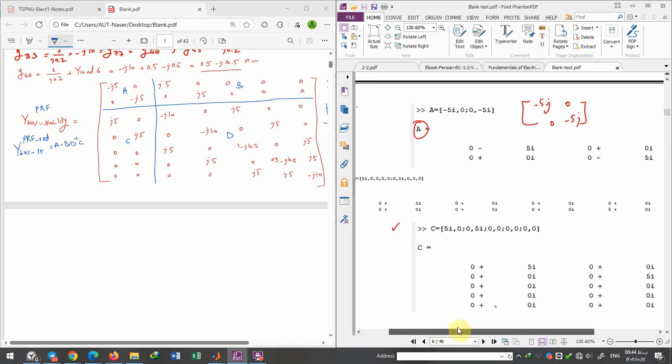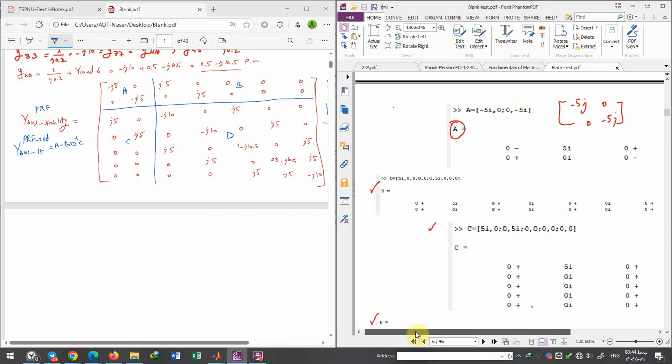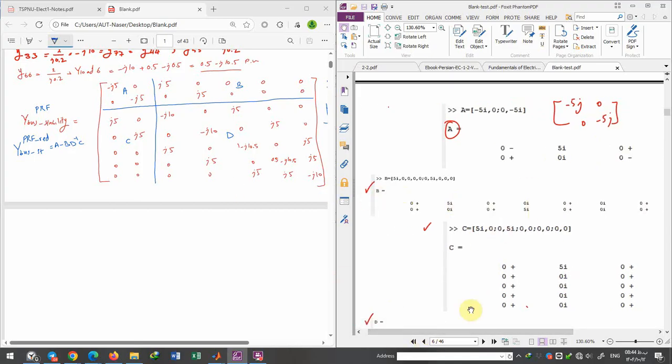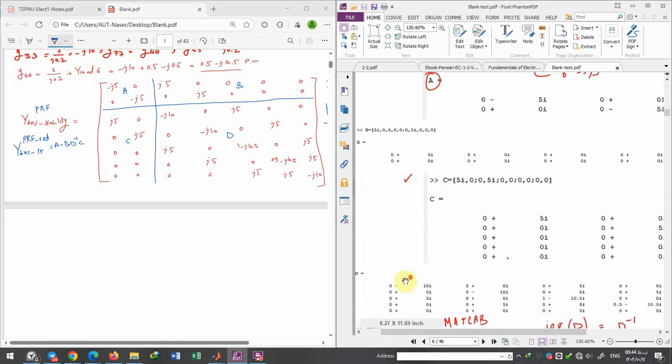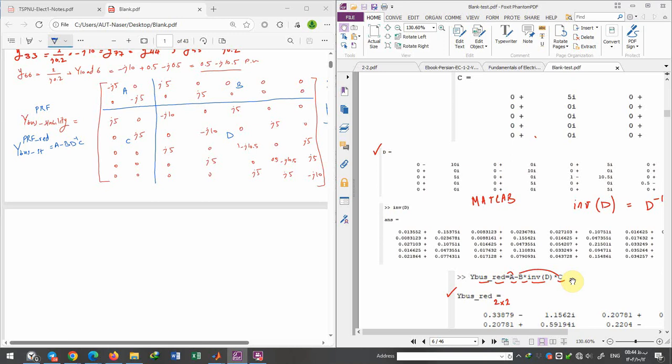So we introduce A as minus 5j 0 0 minus 5j, and after that we introduce B like this, C like this, also D, and after that the inverse of D is here.